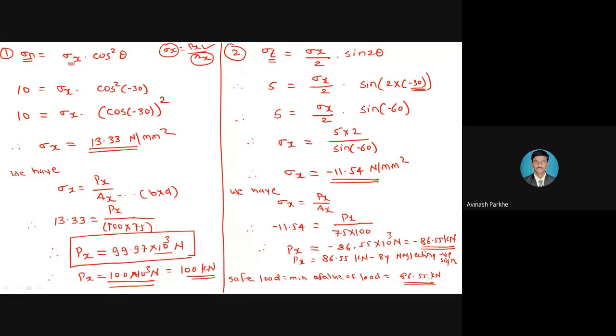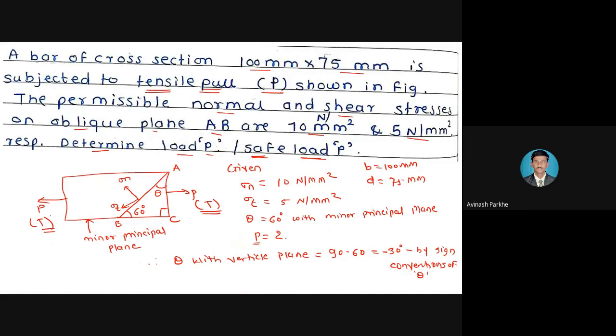Sometimes, maybe in chapter number 1, we have calculated the safe stress value. That means it represents the maximum limit of that particular material. But here you got two forces. One is 100 kilonewton, another is 86.55 kilonewton, and the safe value will be your minimum value of load, because when this 86.55 kilonewton load is applied, the deformation or the breakage of the body will not take place.